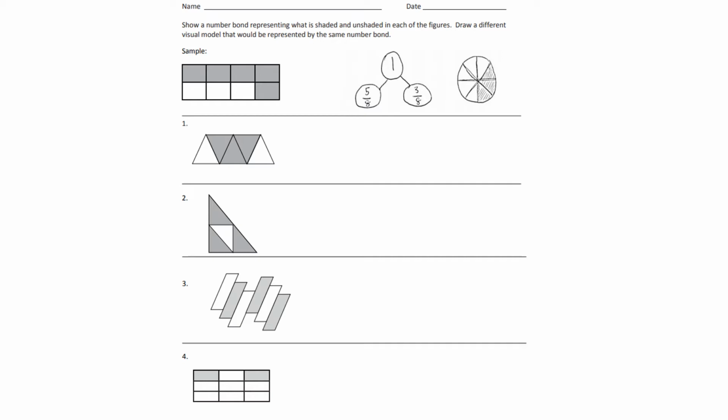So now you are going to do the next ones, but I will show you how to do this one right here, number 1. So if we look, our whole is 1. Our total number of parts is going to be 5.